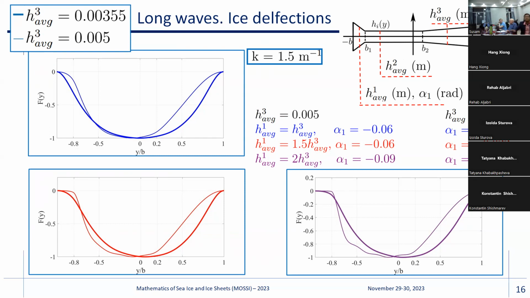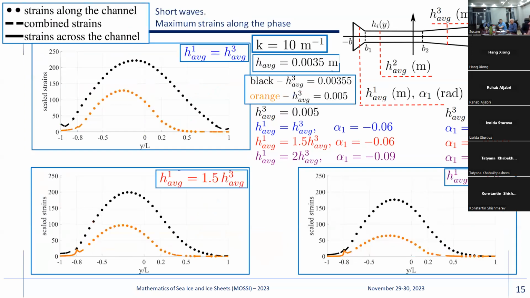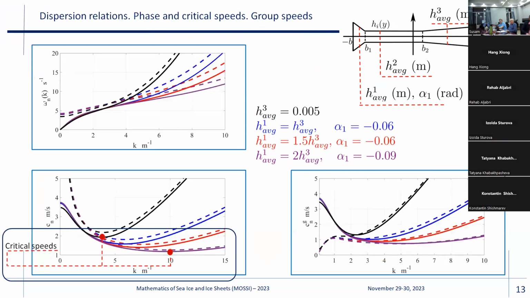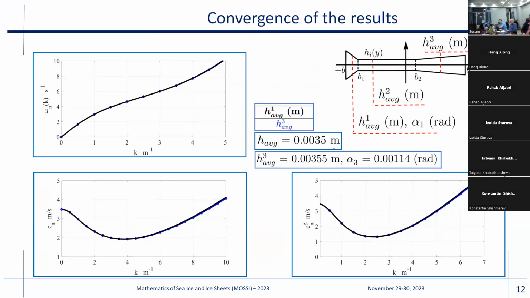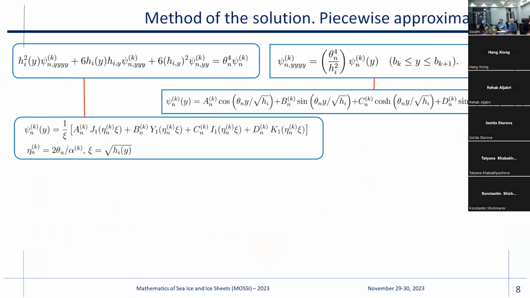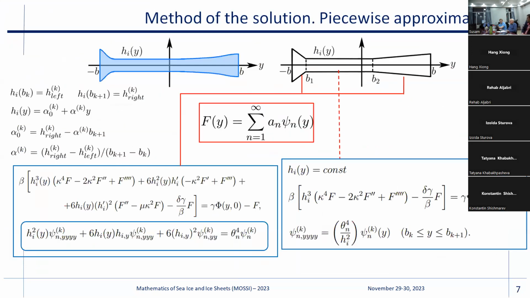In your solution, you used Bessel functions. Can you explain why it is necessary to use this type of function? It's because in this solution, when we use piecewise linear approximation, we want to find the solution on each segment. If we consider segments with linear change of ice thickness, then the plate equation will be as shown in the bottom left box.